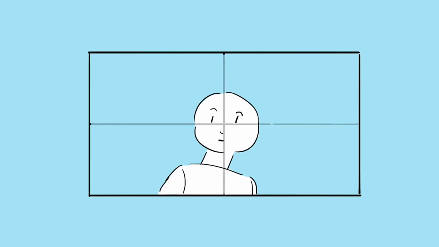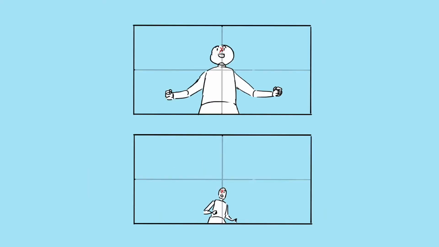Like in this example, we have a medium close-up of this character, and his face is dead center in the scene, right? Now, we don't always have to place the person's face dead center. You could have some leeway when you're placing the object.